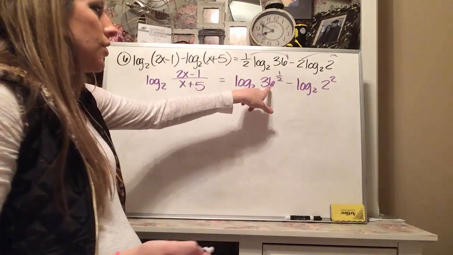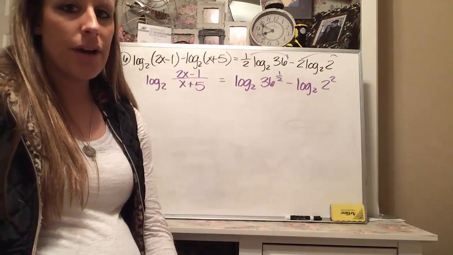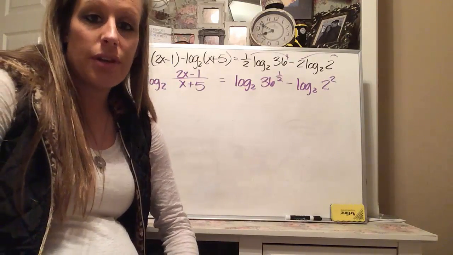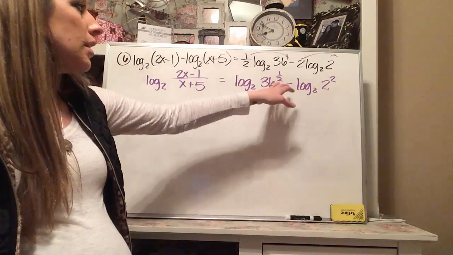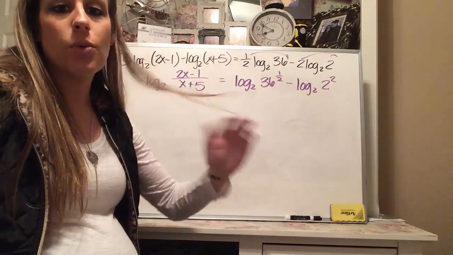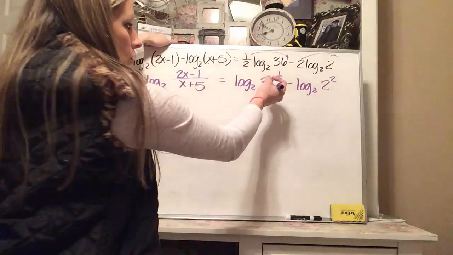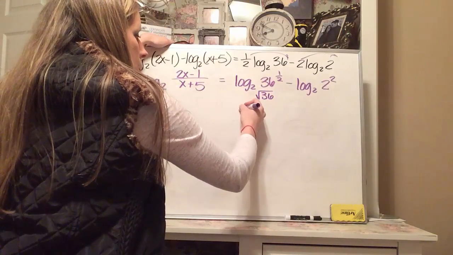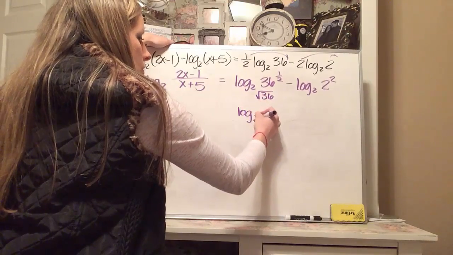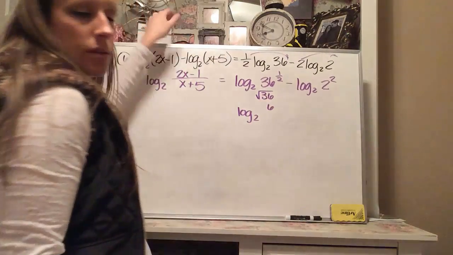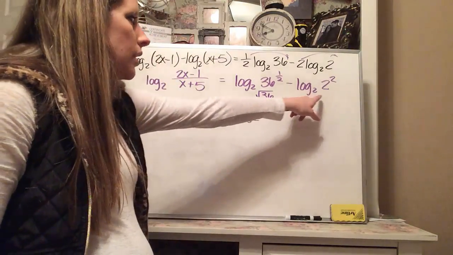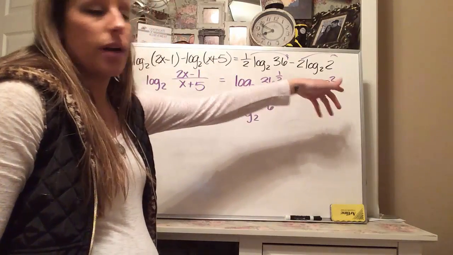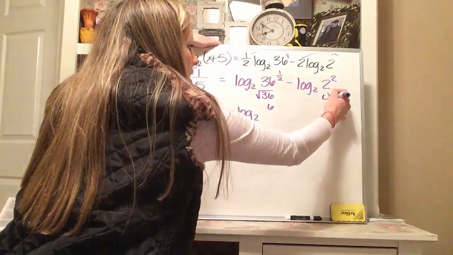Okay, 36 to the 1/2 power, that's a rational exponent, right? So anything to the 1/2 power is like square rooting it. So if we square root 36, we get log base 2 of 6, right? Here, 2 squared is 4. So I'm going to change that to 4.